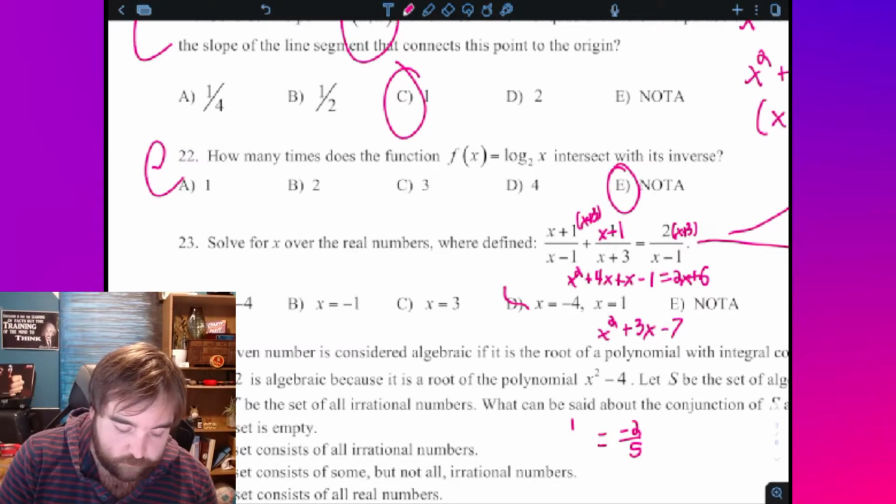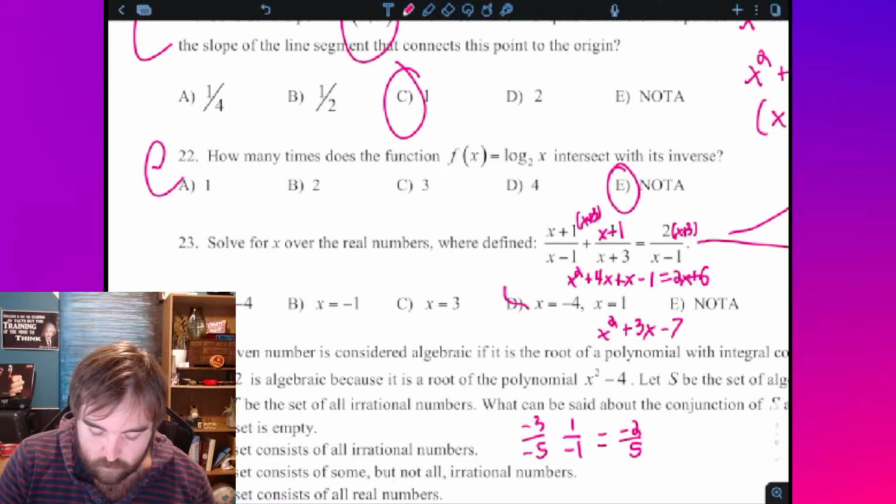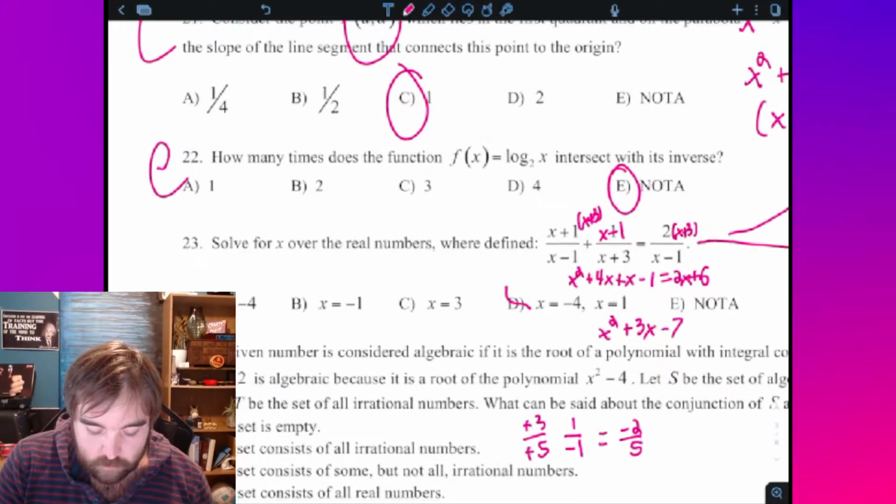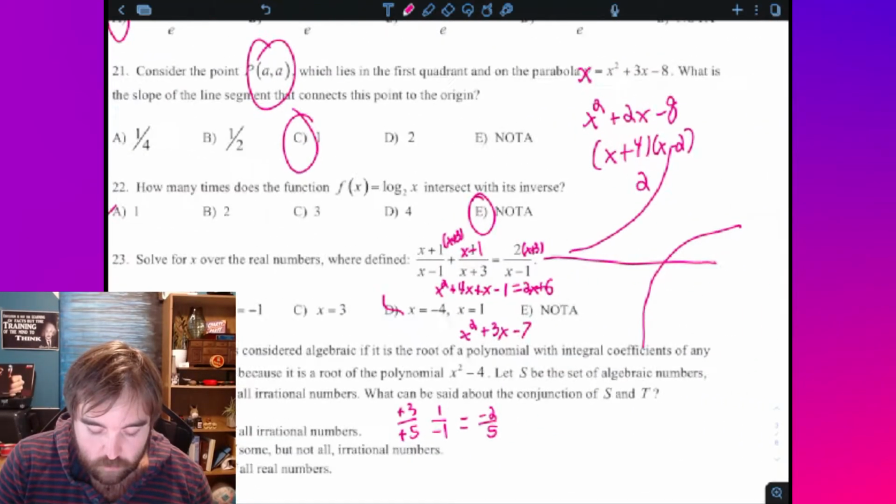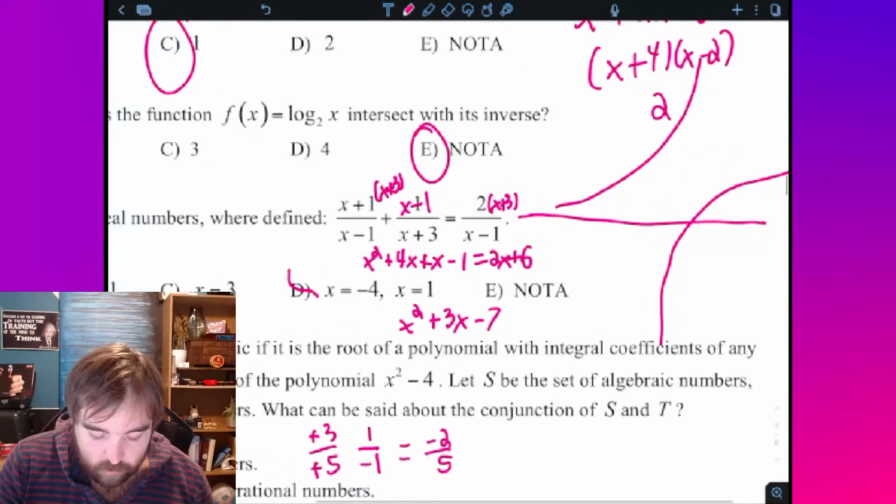And 1 over, so -1, -3 over -5. That's the closest, but that doesn't work either, right? Oh no, that's positive. That does work. Shoot. How'd that happen?